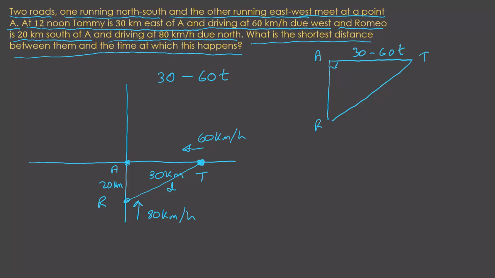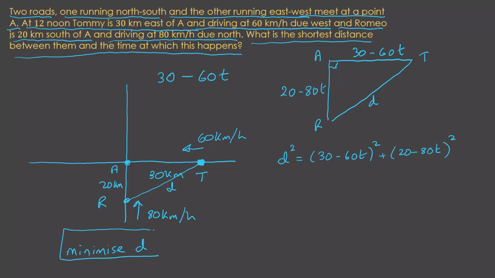Arguing exactly the same way, this side would be 20 minus 80t, and therefore D squared would be (30 minus 60t) squared plus (20 minus 80t) squared. We want to minimize D, and if we minimize D, we're going to minimize D squared. So we're looking to minimize this.